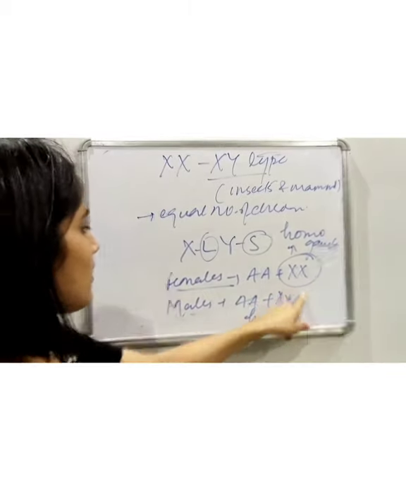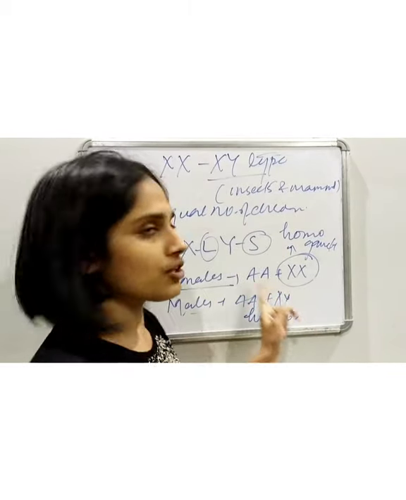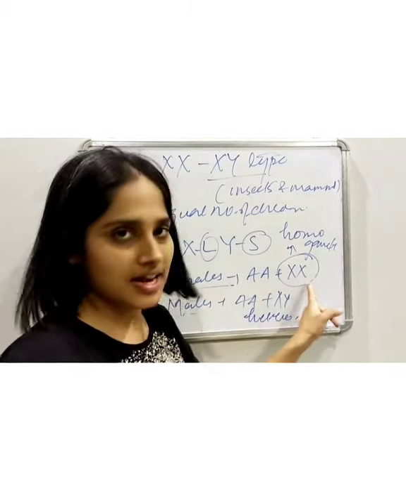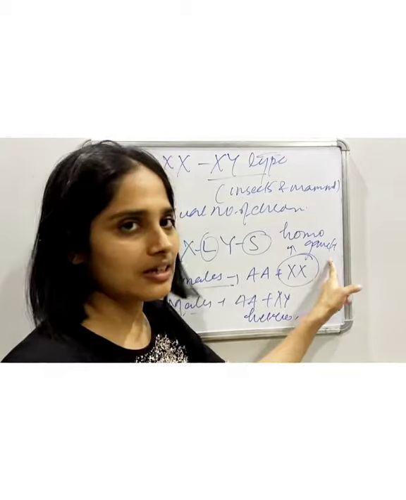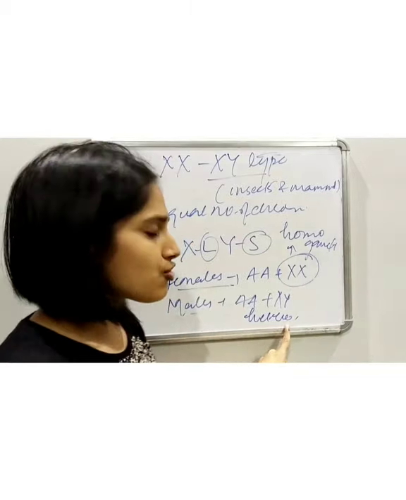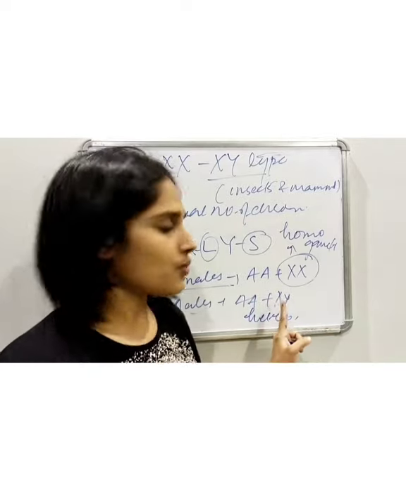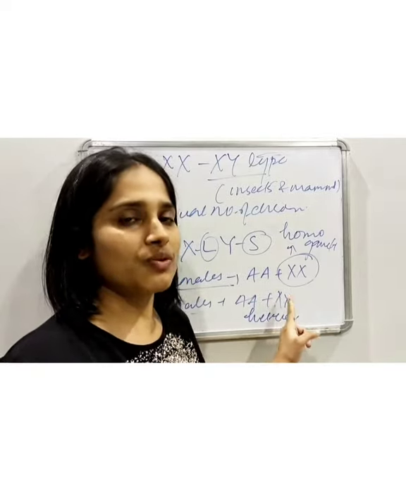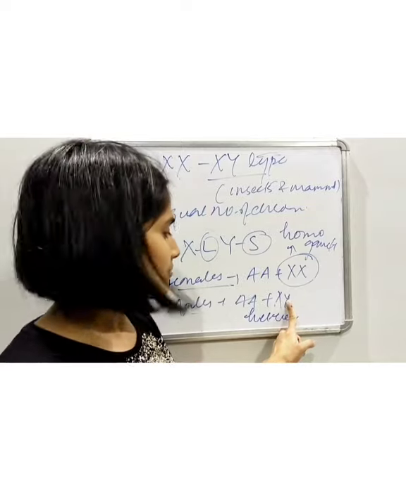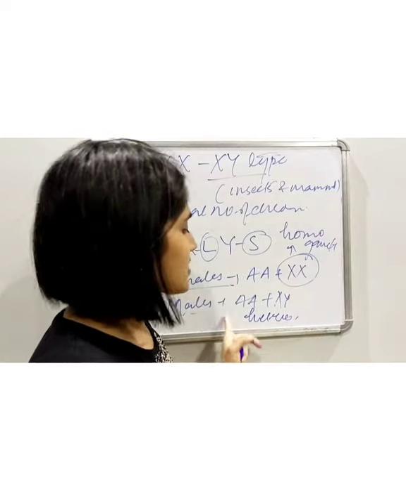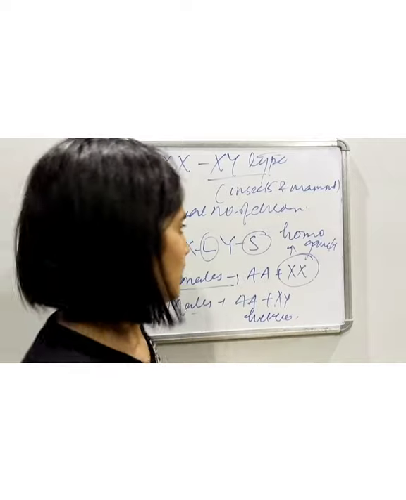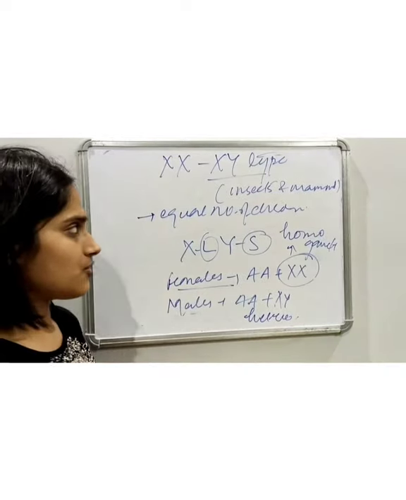All the eggs produced by females will have the same X chromosome, which is why they are homogametic. Whereas males are heterogametic, because 50% of the sperms will have the X chromosome, while the remaining 50% will have the Y chromosome.